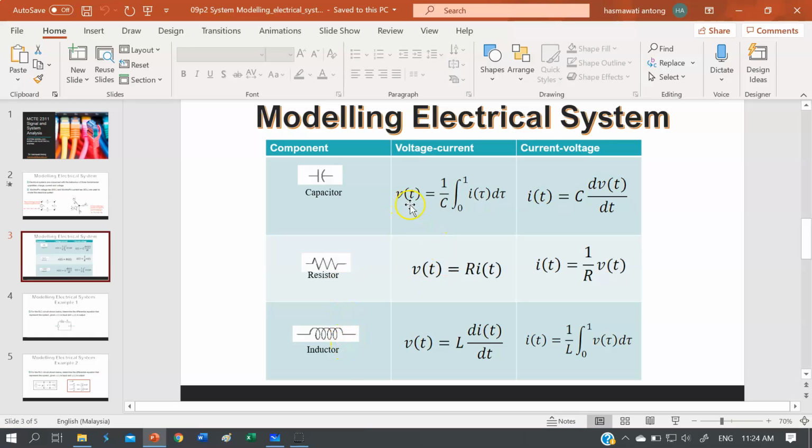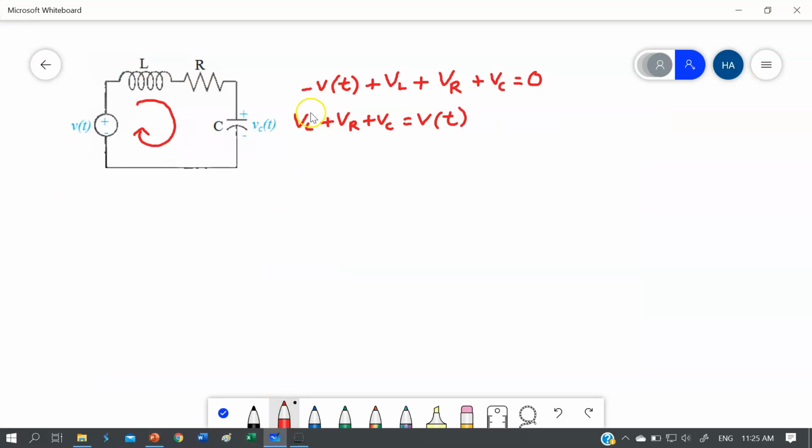The capacitor voltage in terms of current is 1 over C times the integration of current. For the resistor it is R multiplied by current, and for the inductor it is L multiplied by the first derivative of current. If we apply this into our solution, we will have this.